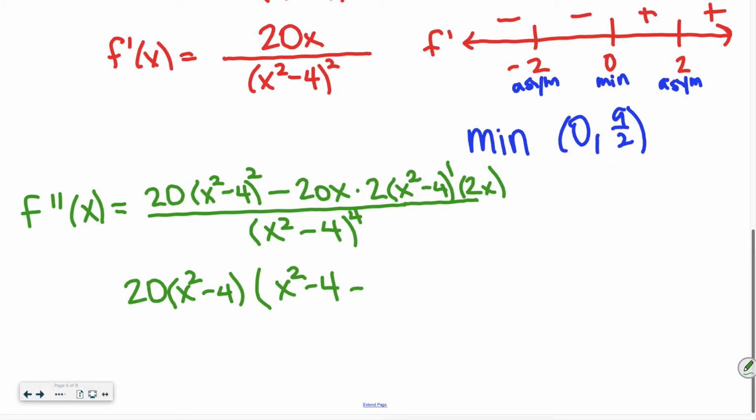Minus here, we took the 20 out. We have x times 2 times 2x.